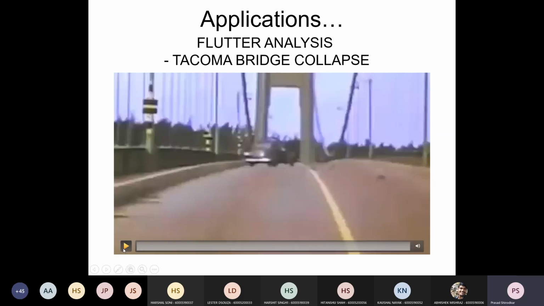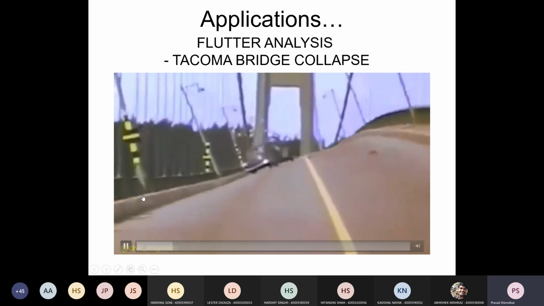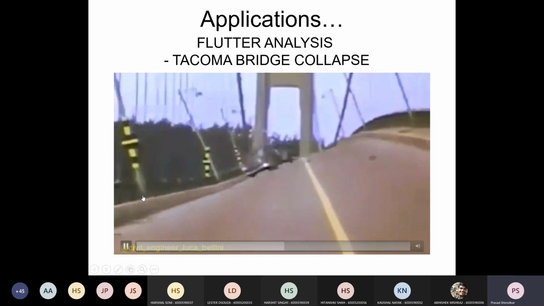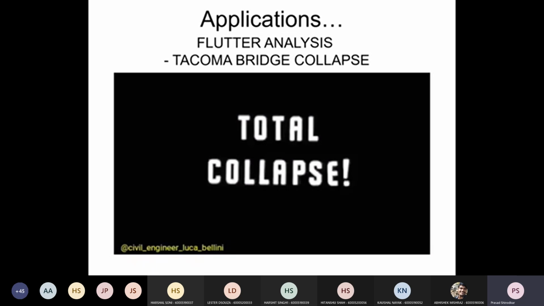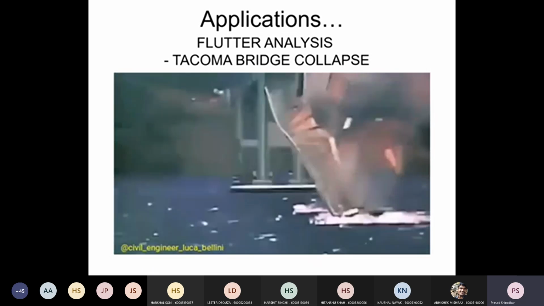This bridge was built, I think, in the US, and it was subjected to wind vibration induced by the flowing wind. You can just see what happens to this bridge. I'll just play the video. The wind is blowing and suddenly the bridge starts to vibrate and it collapses.